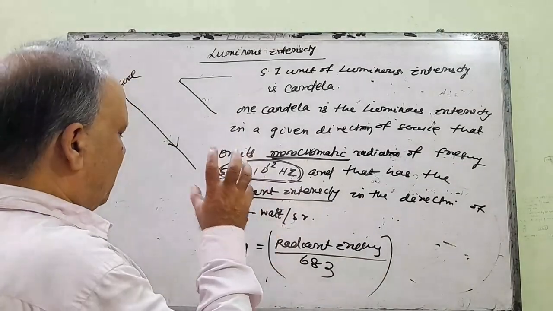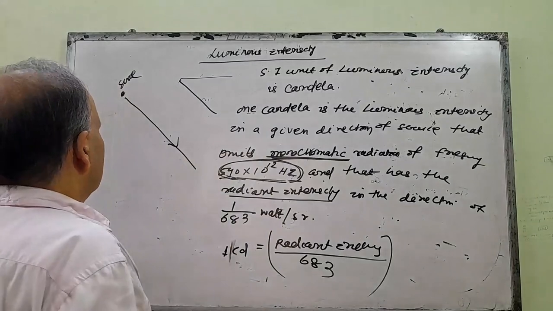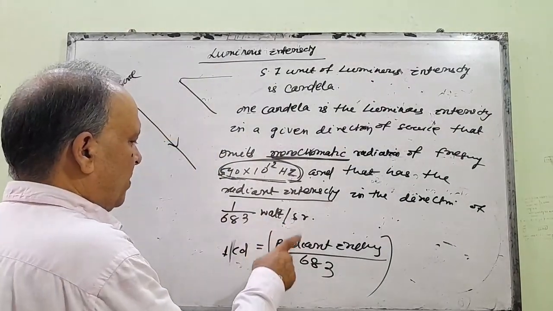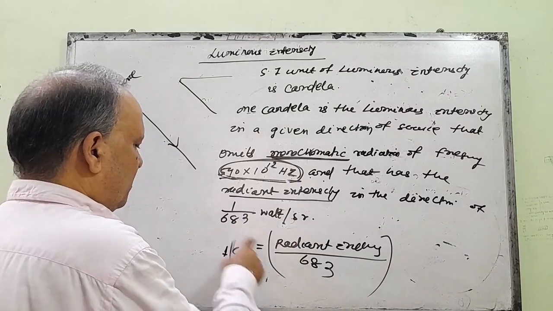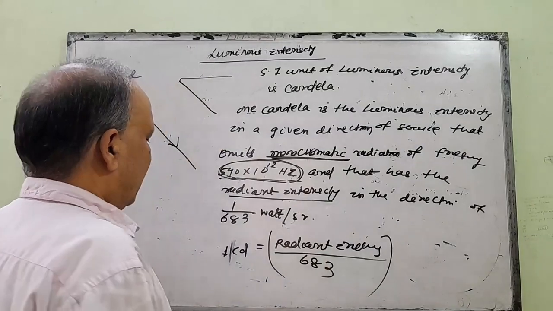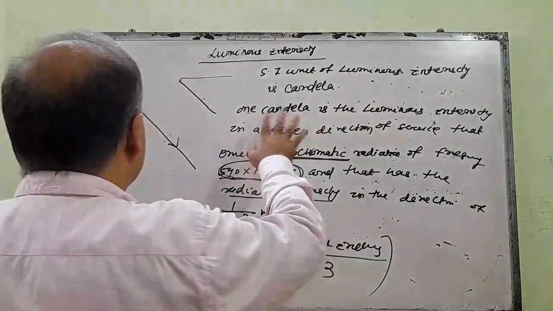That means when you divide the radiant intensity by 683, it is equal to 1 candela. 1 candela is the unit of luminous intensity.